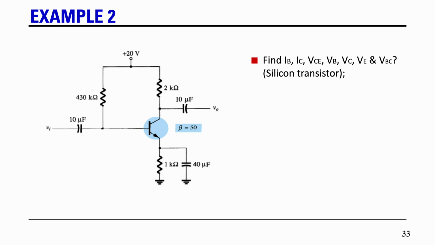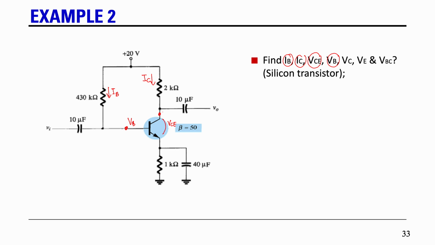In example number 2, we need to find IB, IC, VCE, and VB. We need to find the value of IB. We also need to find the value of IC, the value of VCE, and the value of VB. There are a lot of values we need to find.